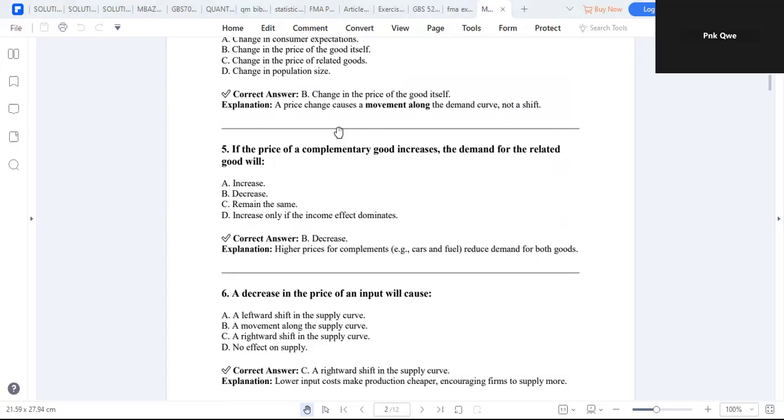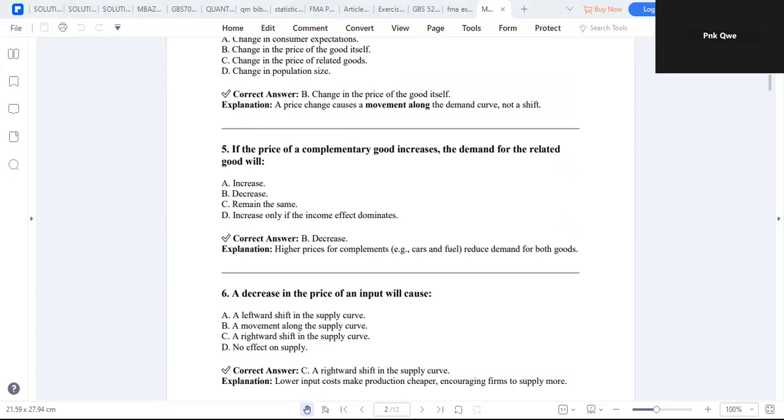Okay. So if the price of a complementary good increases, the demand for the related good will... So we must understand the issue of complements. Complementary goods are goods that go together. So when one good becomes expensive, what will happen? It will reduce the demand for the other. For instance, cars and fuel complement each other.